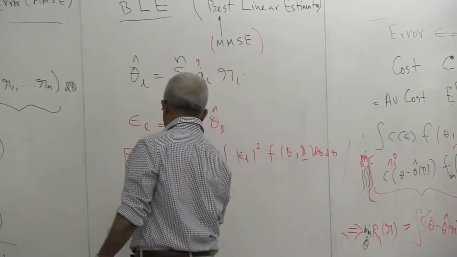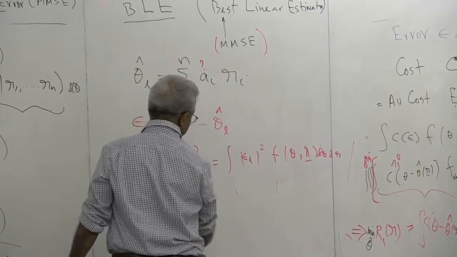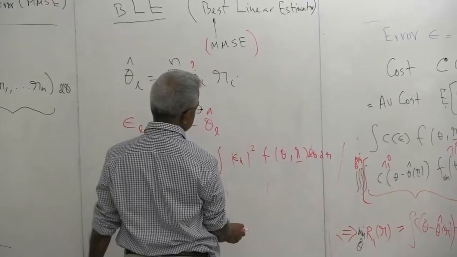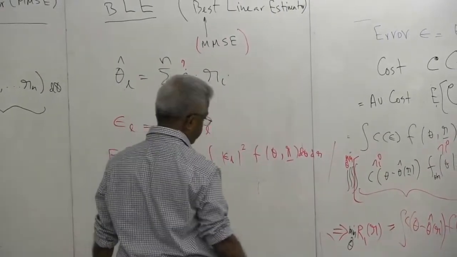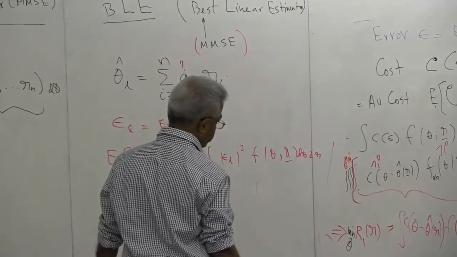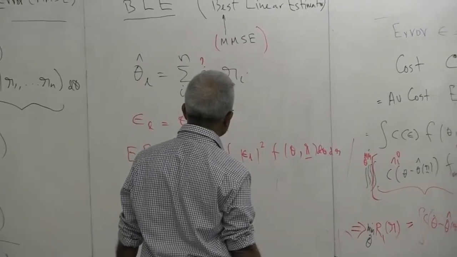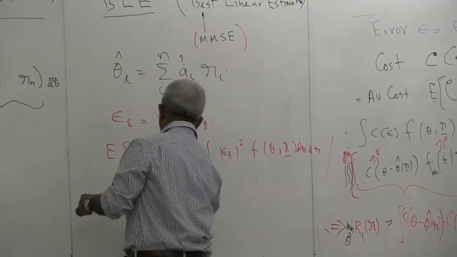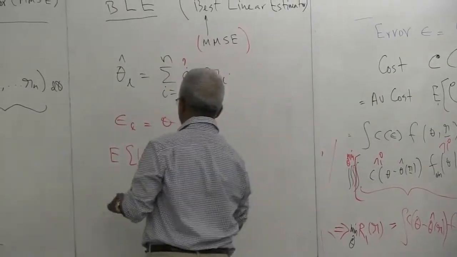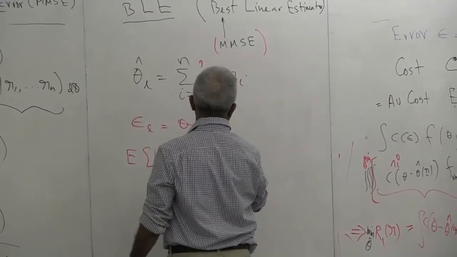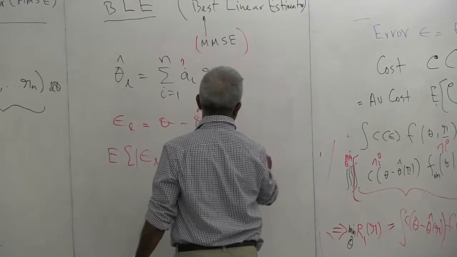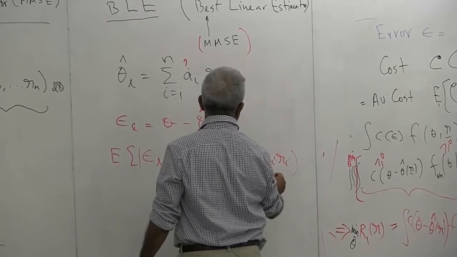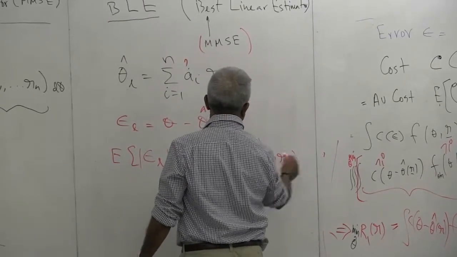So let me put this as the expected value of theta minus the summation of a_i r_i, i equal to 1 through n, squared.